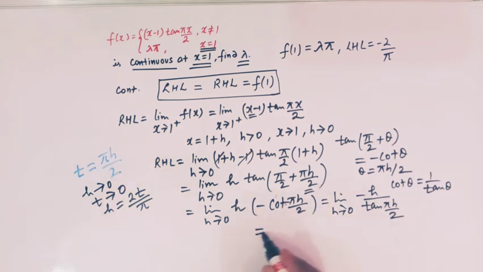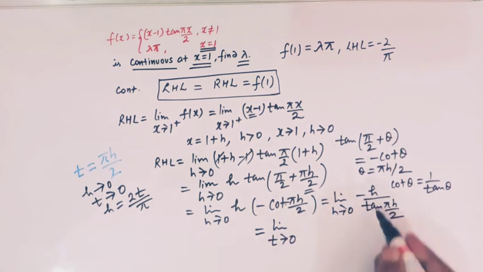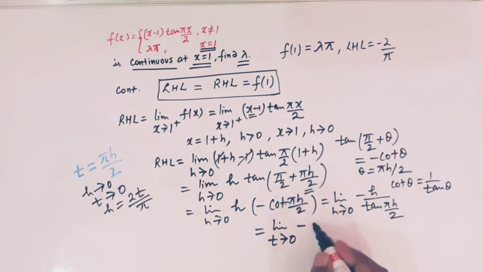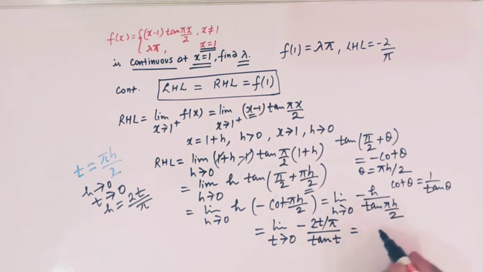So this limit can be written as limit t tends to 0 of minus, then the value of h is 2t over pi, and here we have tan t, right? Now this can be written as minus 2 over pi, because this is a constant, we can take it outside the limit sign. So we have limit t tends to 0, and this is t over tan t, right?